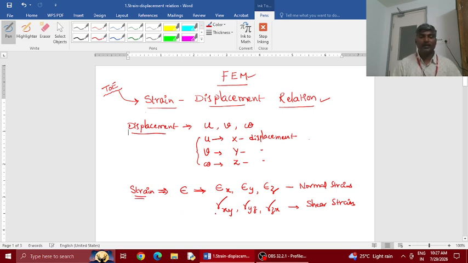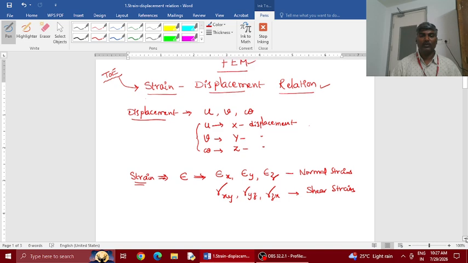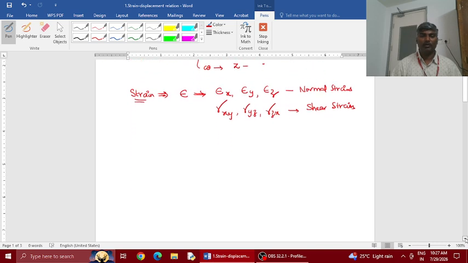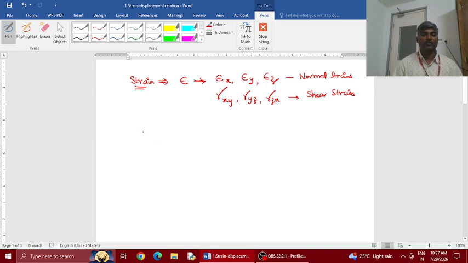Right. So when do you have strain in a body? That we need to know. Let us say, for example, I have considered a body which is in plane x, y. Let us choose 2 points, let us say A, B. This is before you apply the forces on this body.